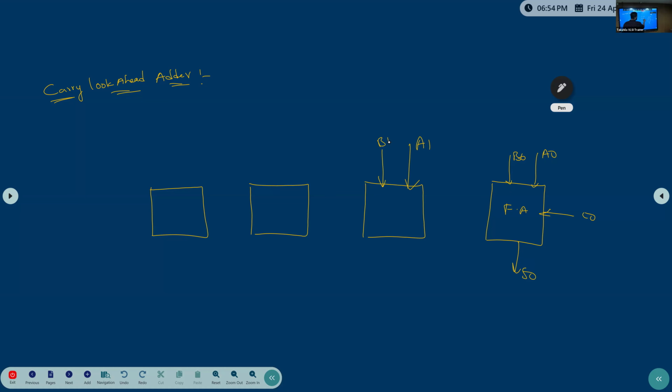Not only A1, B1, one combinational circuit will be there. So this is C1, A2, B2, A3, B3.